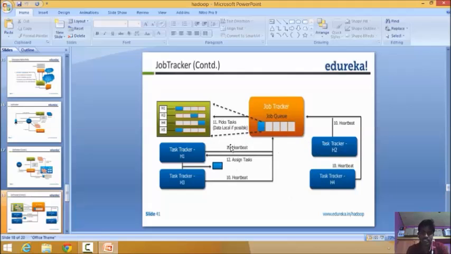This heartbeat is sent from time to time to say that the task tracker is alive. Every task tracker sends a heartbeat at regular intervals, so that it is easy for the job tracker to know when to assign jobs to which task tracker.